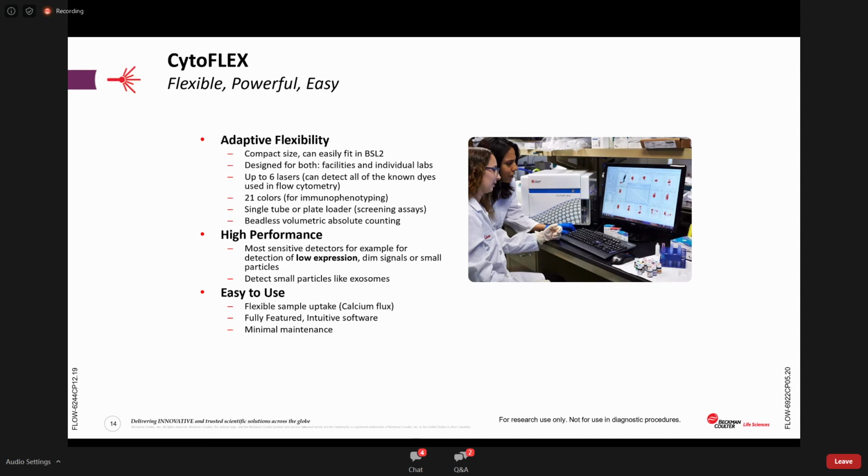It allows for beadless volumetric control, volumetric absolute count and particle counting. It has a flexible sample uptake, which becomes useful for calcium flux studies that I mentioned earlier. And it is compatible with both tubes and plates, which is required for screening assays.